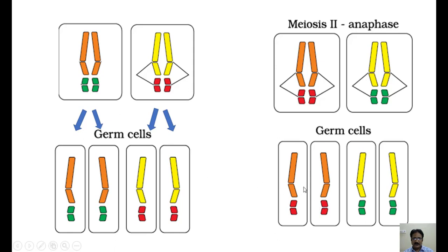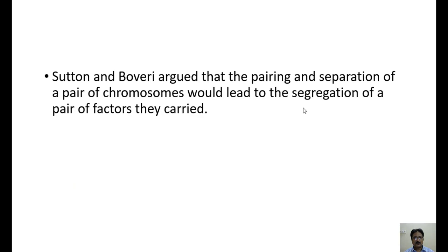That means that the chromosome movements are independent of each other, which they actually wanted to establish. So they could correlate the findings, the chromosomal movement, with the findings of Mendel. This is actually the chromosome basis of inheritance.